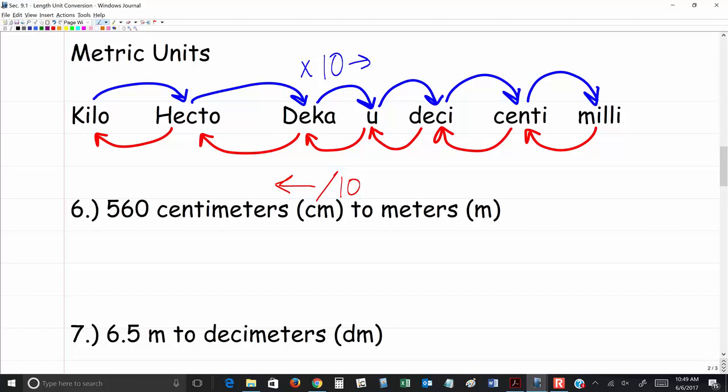So also there's a lot of acronyms that people like to make up to help you remember these, because you do have to remember these. These are not listed on your sheet. Some of the ones on the sheet are telling you converting between the English system to the metric system and stuff like that.